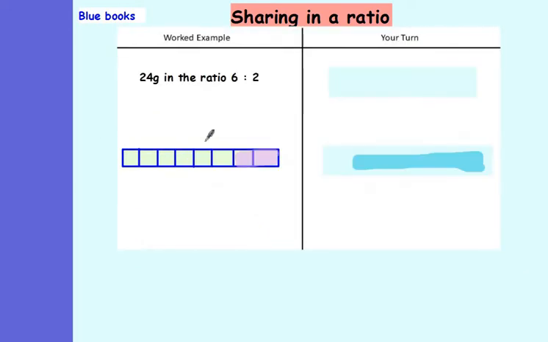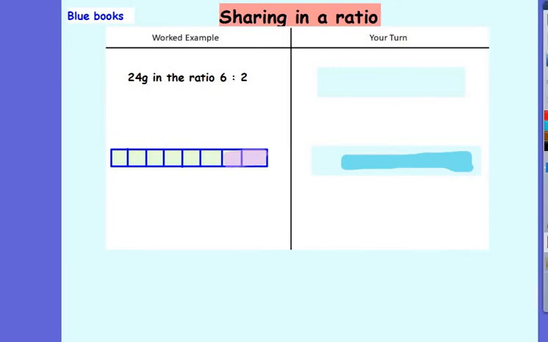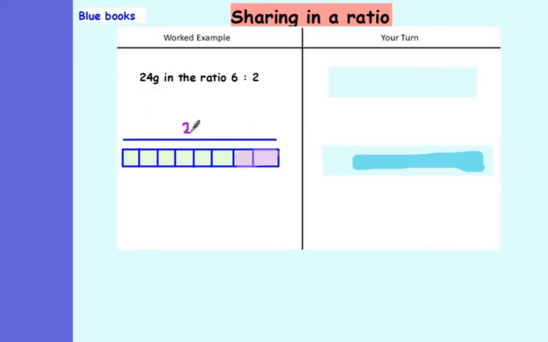Let's try another example. This time I'm splitting 24 grams in the ratio 6:2, and in exactly the same way my whole bar is going to be worth 24 grams. There we go. This time I've split my bar into 8 pieces. So how much is each of those little pieces going to be worth to me, Tamsin? 3.